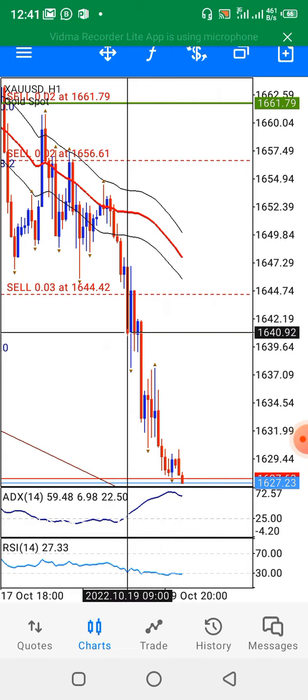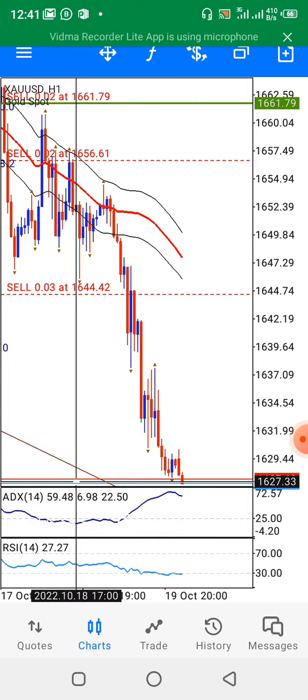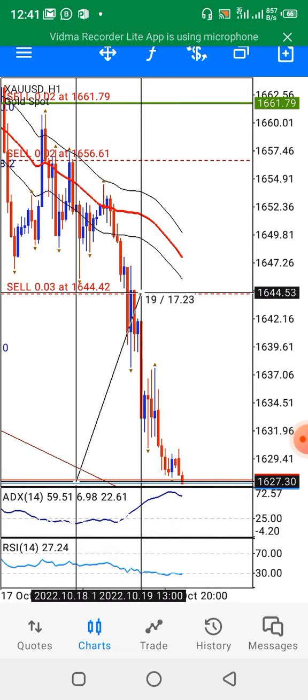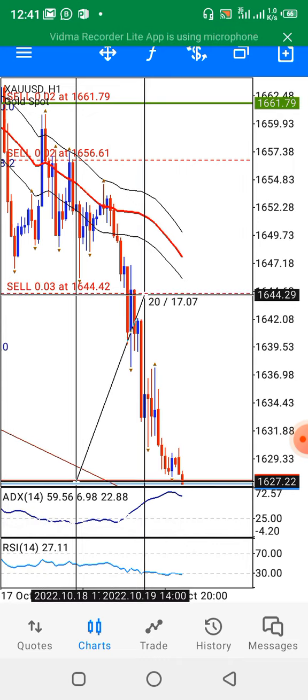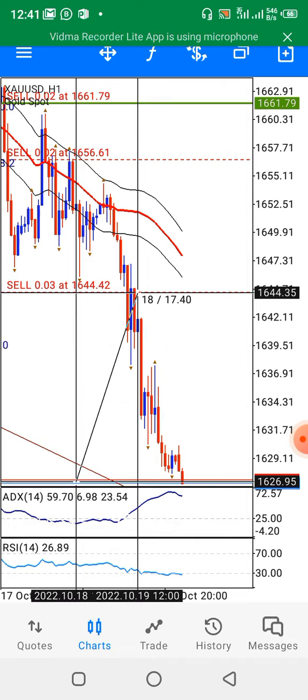I click on the crosshair from where the price is currently, then use one finger to click and the other to drag up to where I entered my trade. So you can see we also have 17.33. You can see the price is changing because the price is not constant and I'm online. I'm trading live right now.